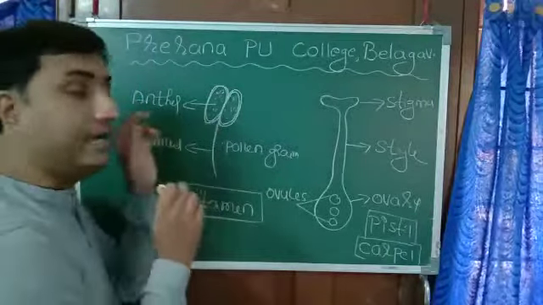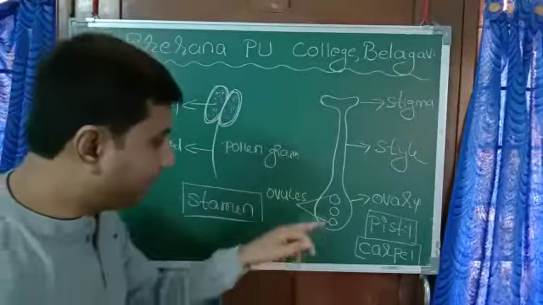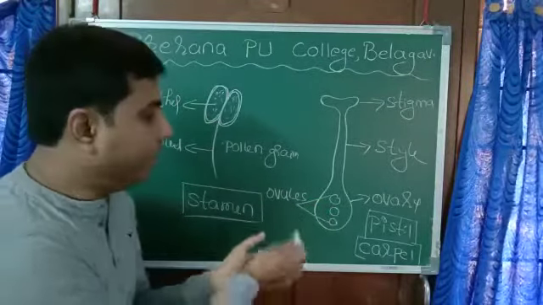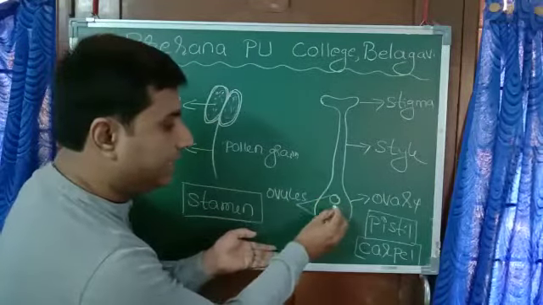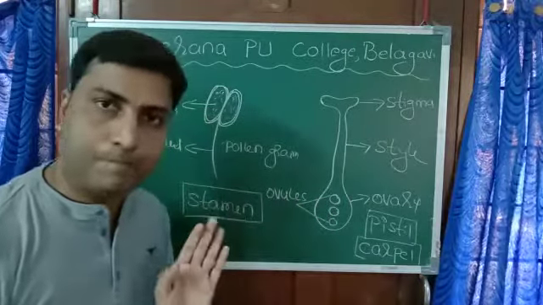Male gametes are present inside each and every pollen grain. And female gametes are present inside the ovule. Female gamete means egg, ovum, and that is present inside each and every ovule.